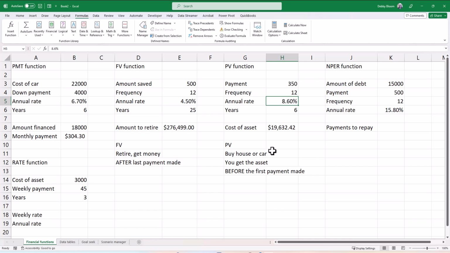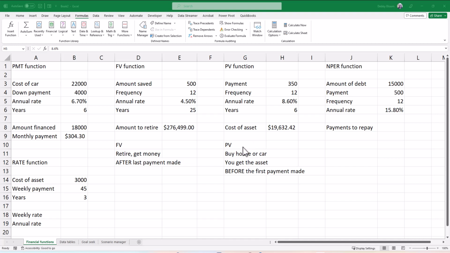Now let's look at 2 more functions before we move on to data tables, Goal Seek, and Scenario Manager. The next function we're going to look at is NPER. NPER will actually solve for the number of payments that you need to make to either pay off a loan or achieve a certain value in the future.